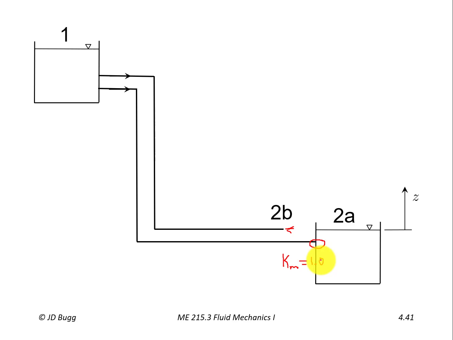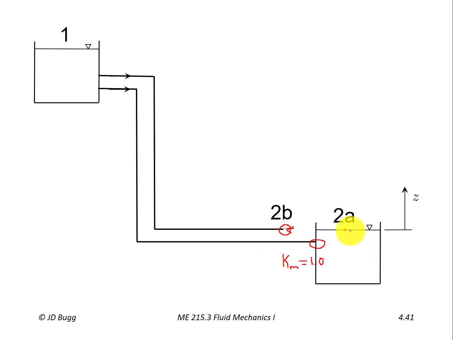The other difference between the two is that the velocity at point 2B is not 0, whereas the velocity at point 2A is, because point 2A is on the surface of our reservoir, where for path A, we're writing Bernoulli's equation from the surface of that reservoir through the pipe to the surface of this reservoir.